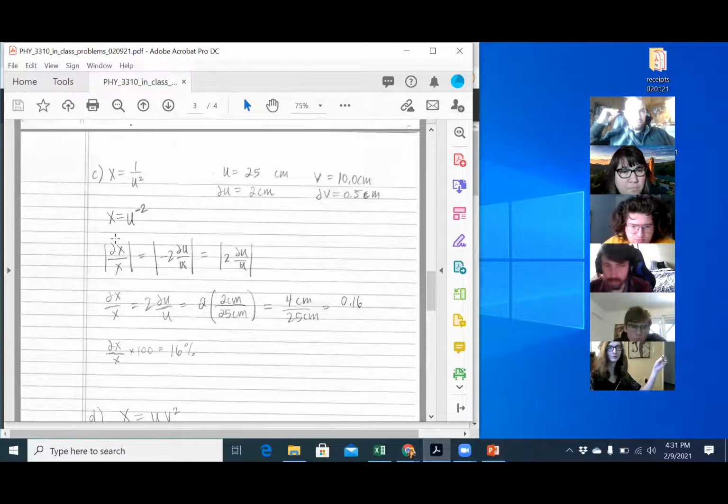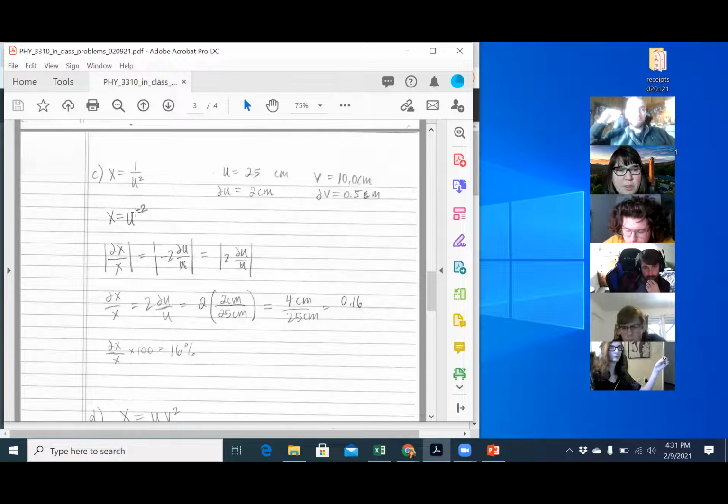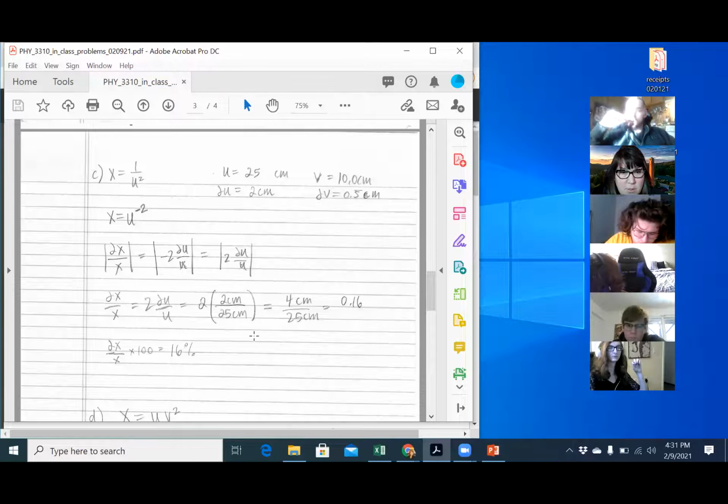And then we know our rule regarding exponents: our measured value to an exponent means that we put that exponent in the front of the fractional uncertainty for that measured quantity to get the fractional uncertainty of the calculated quantity. So that's what I did here.